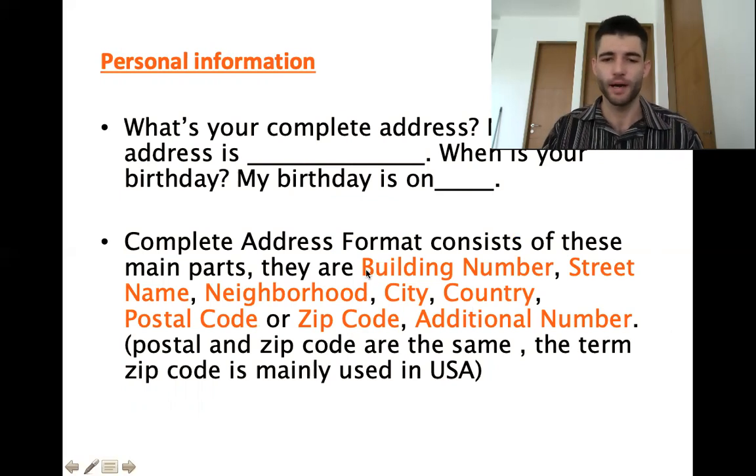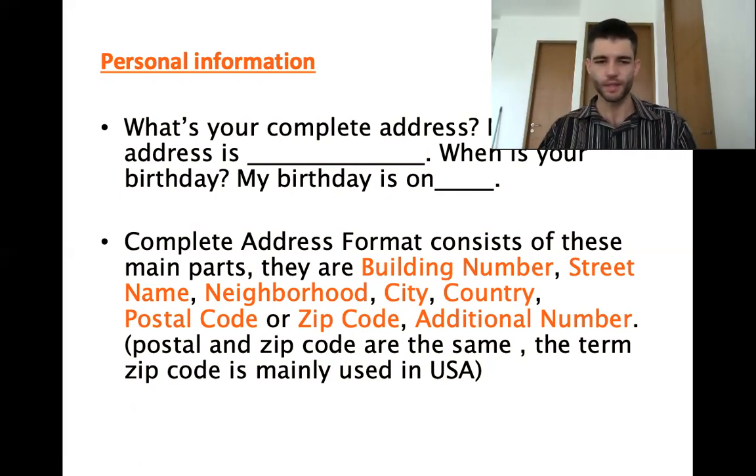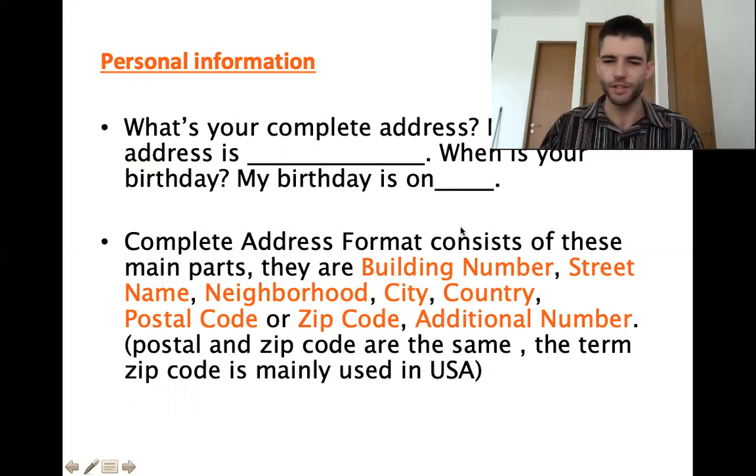So I would say my house number was 72/213. Street name is Tiwanon Street. Neighborhood is Pakret. My city would be Nonthaburi, was this the district? Country, Thailand. And then we have the word postal code and zip code.